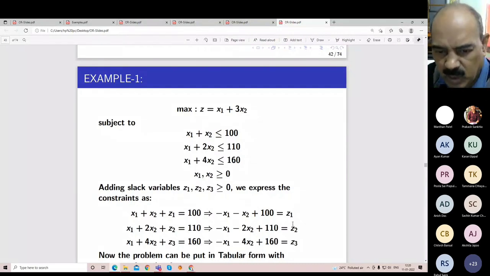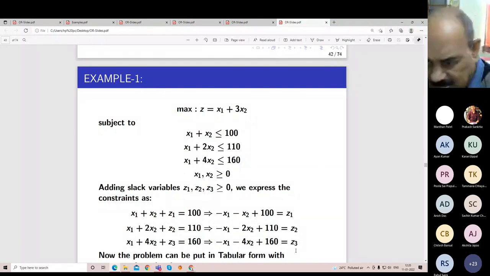Z1 is a function of x1 and x2, Z2 is a function of x1 and x2, Z3 is a function of x1 and x2. These Z1, Z2, Z3 are the basic variables and the rest are non-basic variables.